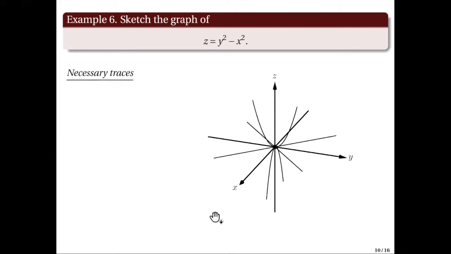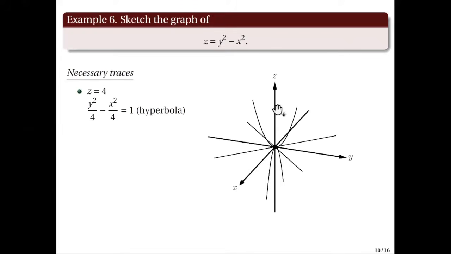For the other traces, we have to cut it somewhere above and below the xy plane. If I assign z equal to 4 in this equation, we can rewrite the resulting equation in the form y squared over 4 minus x squared over 4 equal to 1, which represents a hyperbola.